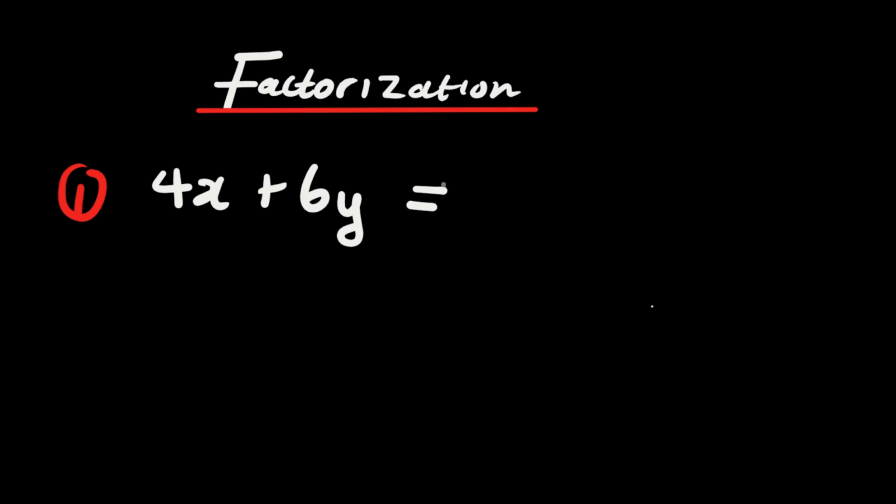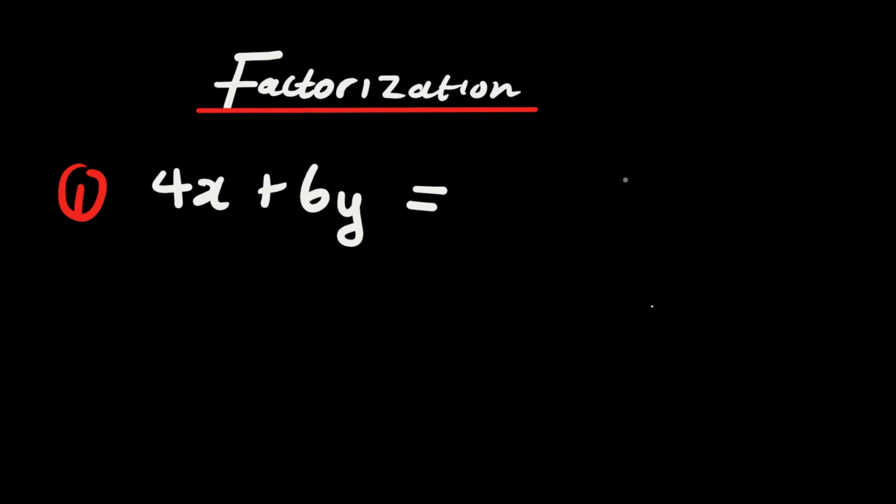So what is a common factor here? We cannot say it's 4, because 4 doesn't divide 6. We have to find a number that can divide both these numbers and leave no remainder.